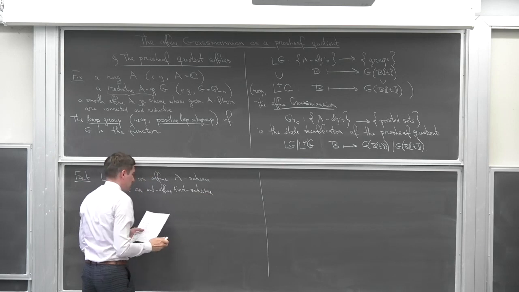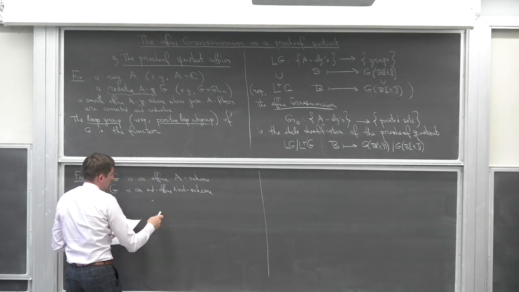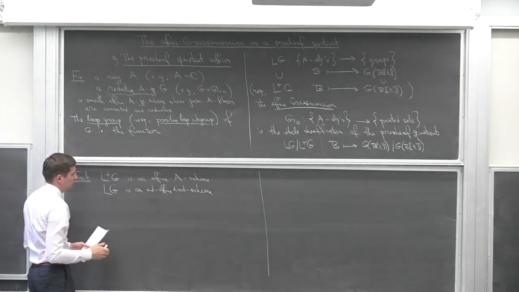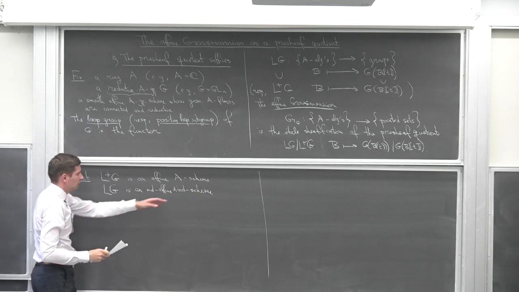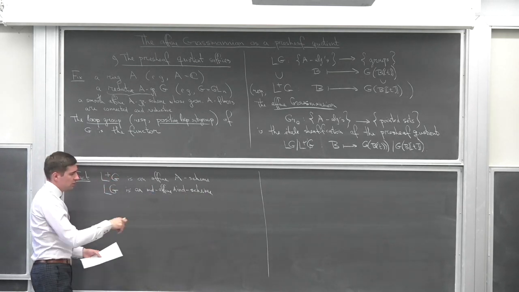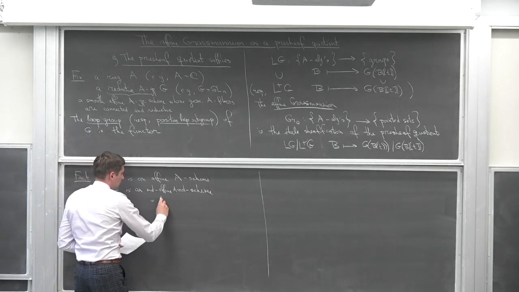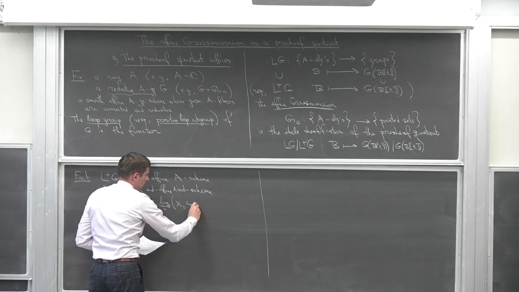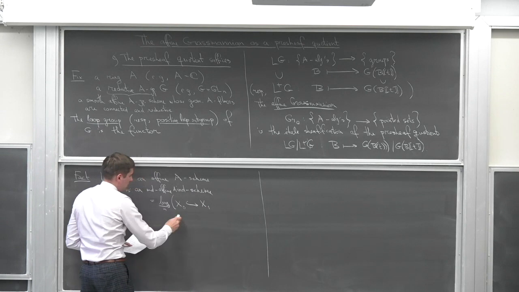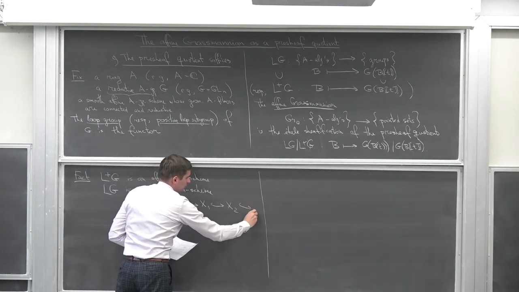What that means is a filtered direct limit, a filtered direct union of affine schemes along transition maps which are closed immersions. And in this case, in fact, the filtered direct system is easier. It's just indexed by natural numbers, with transition maps closed immersions.